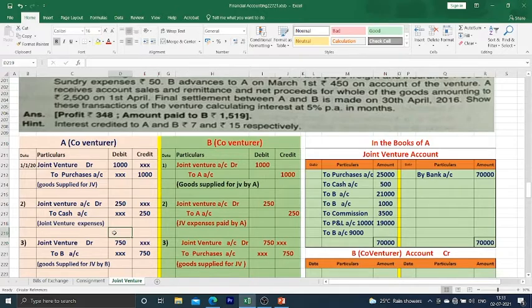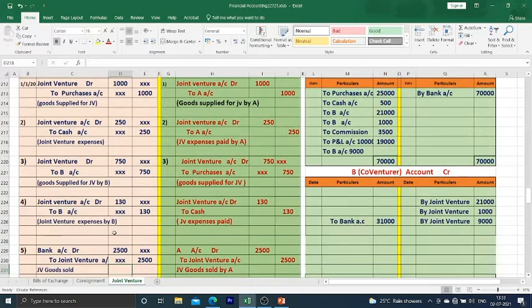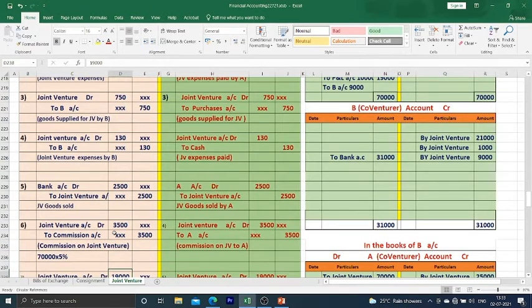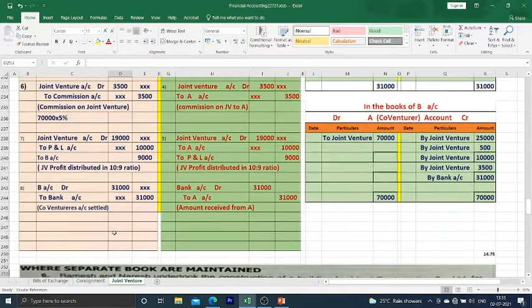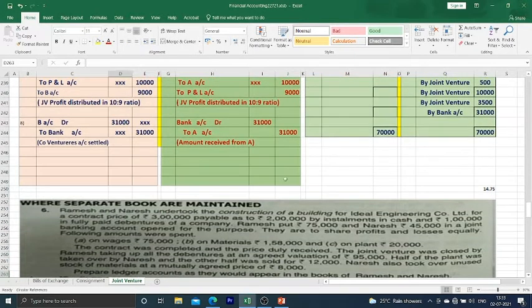Okay, that we will calculate in this. Interest calculation.